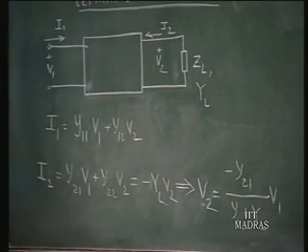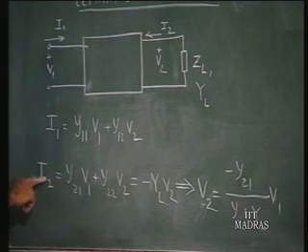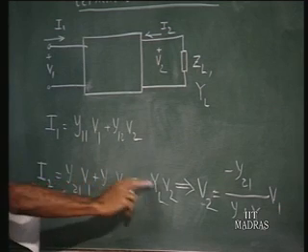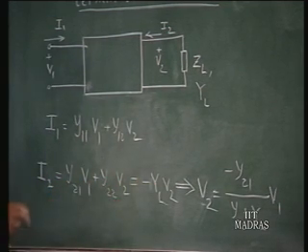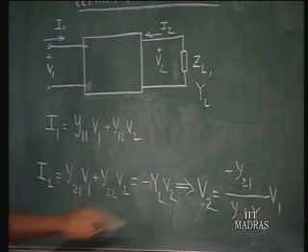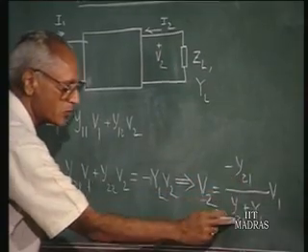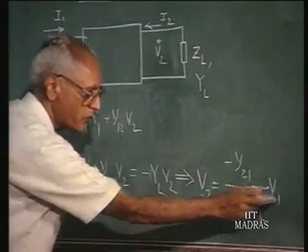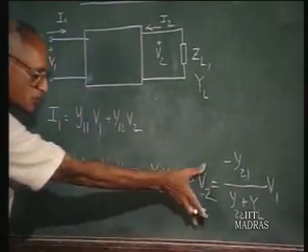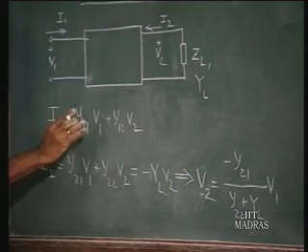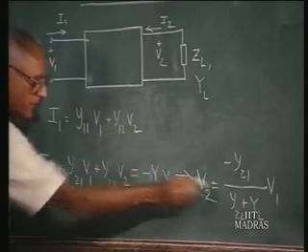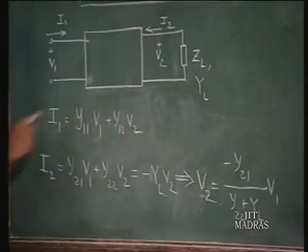From this, we can eliminate I2. Therefore, you take this equation, transfer the V2 term to the other side, and get minus of Y22 plus YL times V2 equals Y21 V1. This gives the relation V2 equals minus Y21 divided by Y22 plus YL, times V1. So, when you substitute this for V2 into the first equation, you get a relation between I1 and V1.